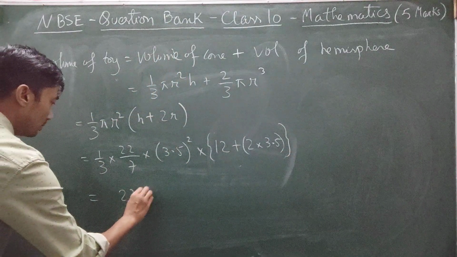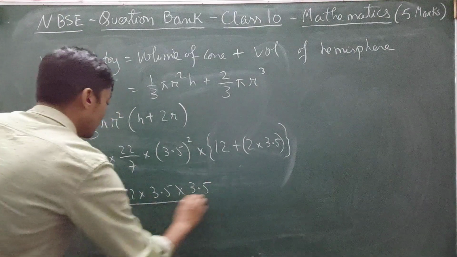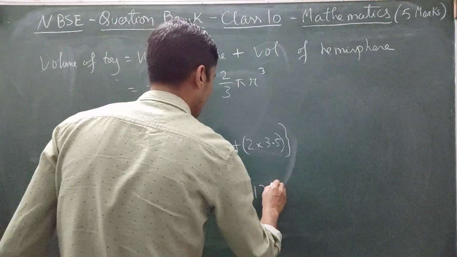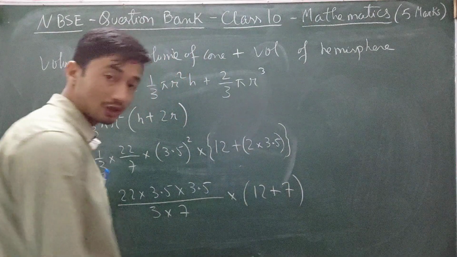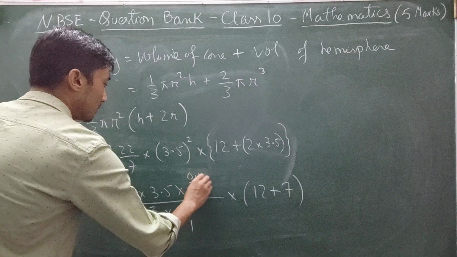So it's like 22 into 3.5 into 3.5 divided by 3 into 7 into 12 plus, just now we have done 3.5 into 2, 7. This one also we have done, 0.5.